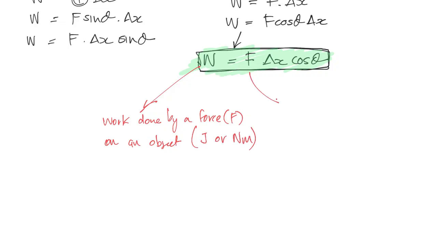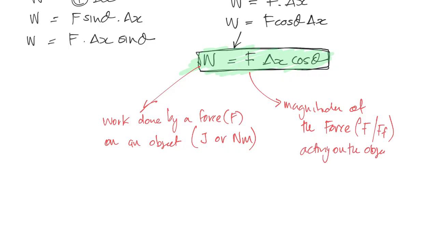F here is your magnitude of the force, and it can be an applied force, frictional force, spring force, tension force, whatever the case is, acting on the object, and that's measured in newtons. Your delta x here is your displacement, which is measured in meters.